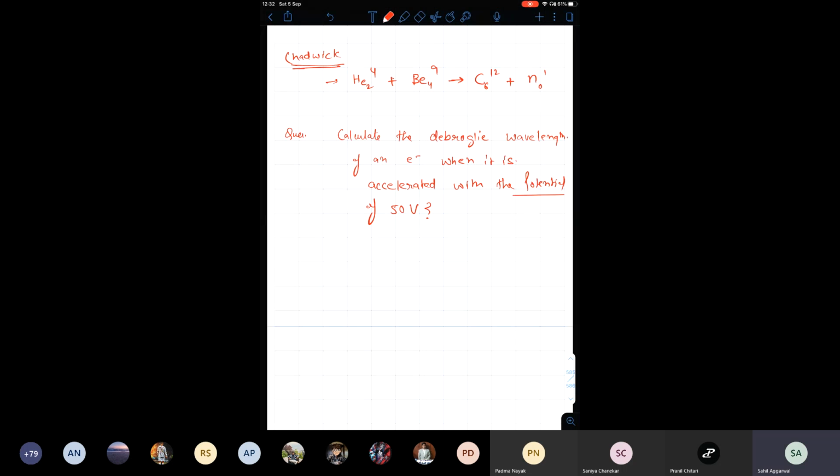Three root 50. Lambda is 150 upon root 50 angstrom. That will be 150 by 7 angstrom. So 21.4 angstrom nearly.